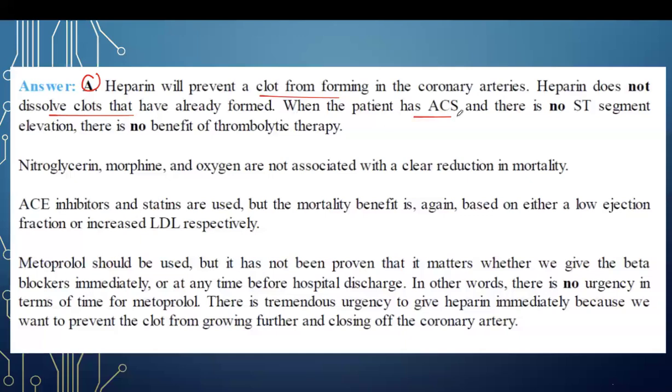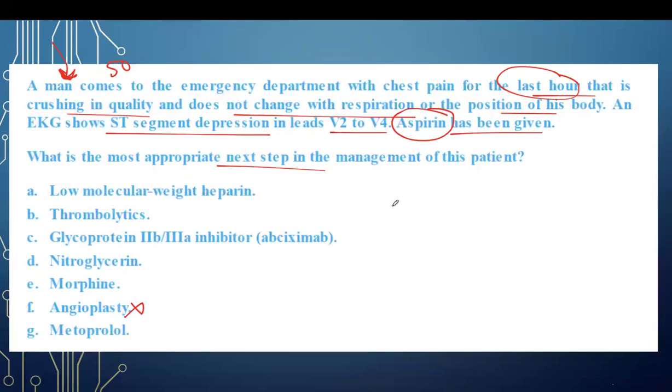When the patient has ACS and there is no ST segment elevation, there is no benefit of thrombolytics. Nitroglycerin, morphine, and oxygen are not associated with a clear reduction of mortality. So again, in an MI case, mortality comes first before anything else.